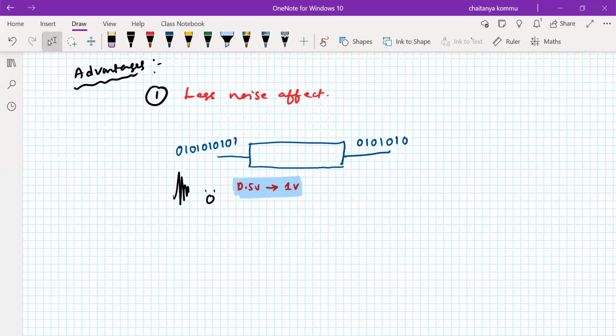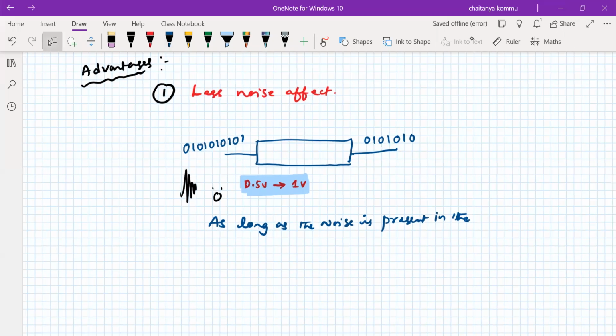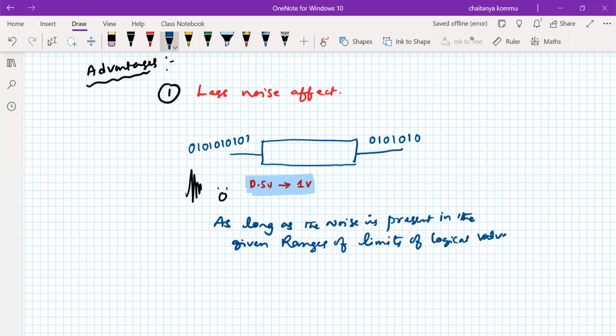So I can simply write one line: as long as the noise is present within the given limits of the digital logical values, the system works perfectly.